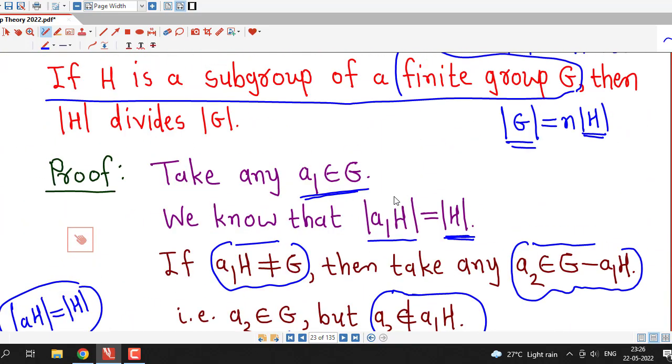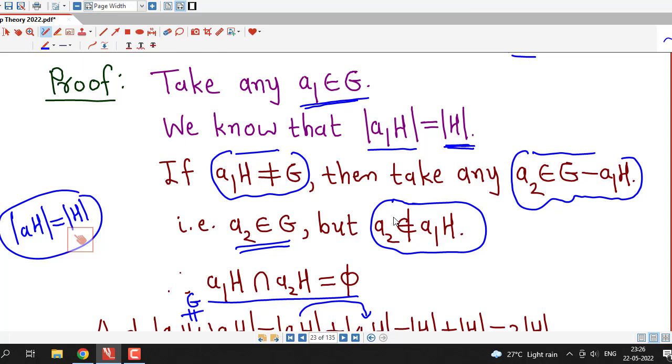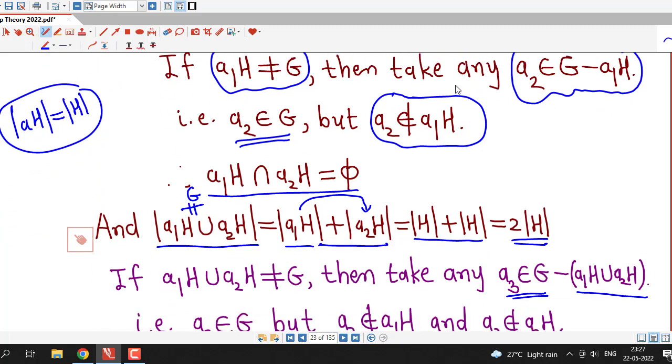We are frequently using these properties of cosets. The first property we have used is that the order of any left coset is equal to the order of subgroup H. Another property we are using is that any two left cosets are either equal or disjoint. So here A2 is not present in A1H, therefore A2H and A1H are not equal, therefore they must be disjoint because two left cosets are either equal or disjoint.